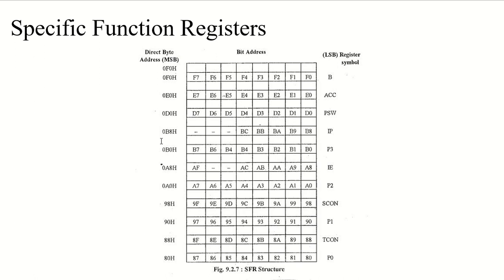In 8051 microcontroller operations which don't use the internal RAM, the 128-byte internal RAM is accessed by a group of specific internal registers which we call special function registers, or SFRs.